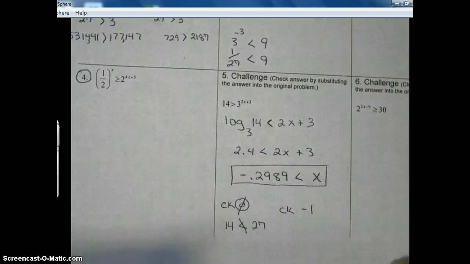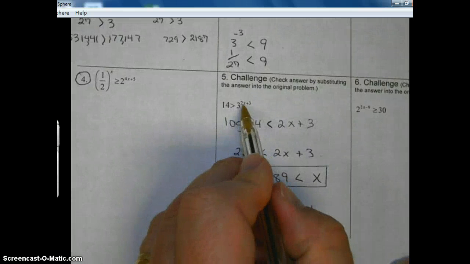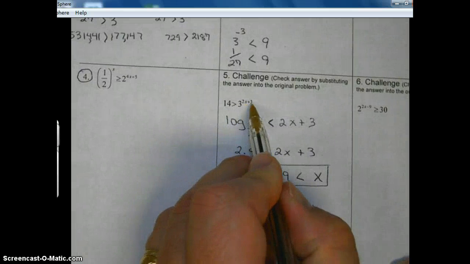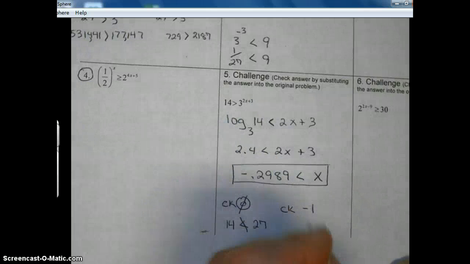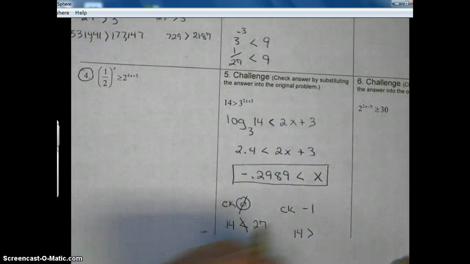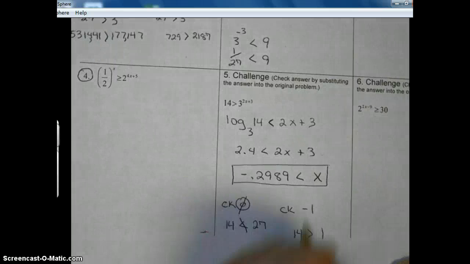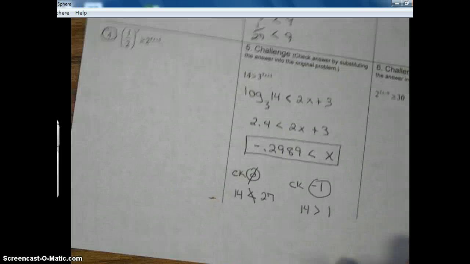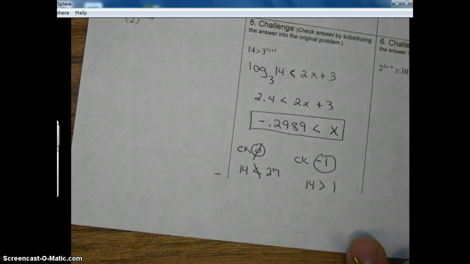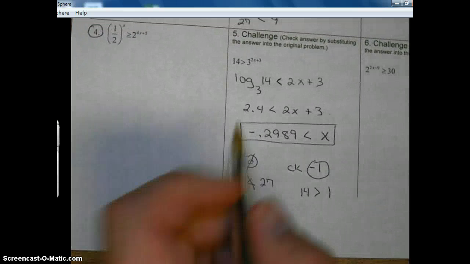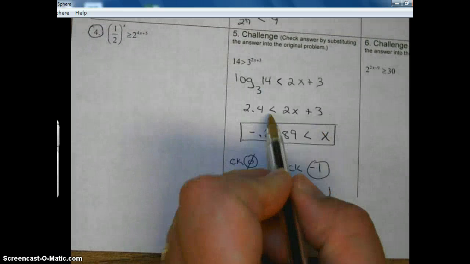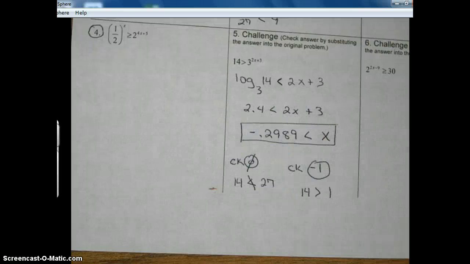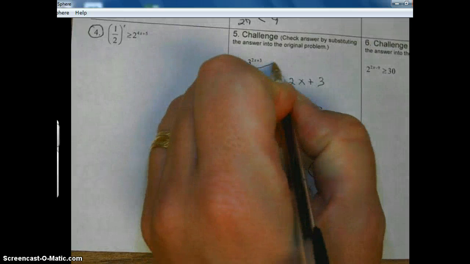So let's check a number on the other side. Let's check negative 1. So 2 times negative 1 is negative 2. Negative 2 plus 3 is 1. Is 14 greater than 1? Yes. So what that means is that this symbol that we switched it to should stay the same.